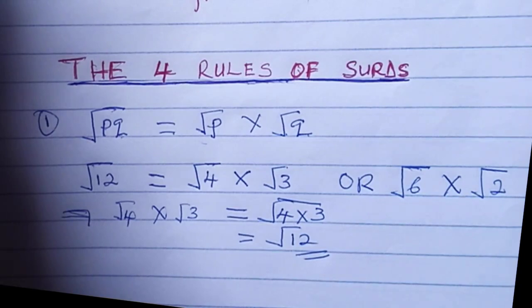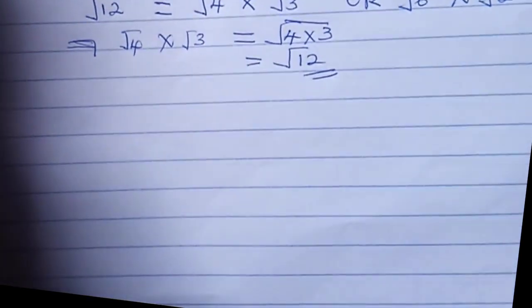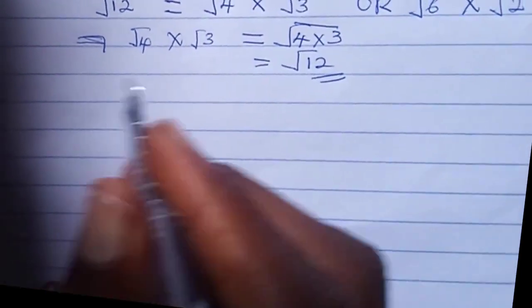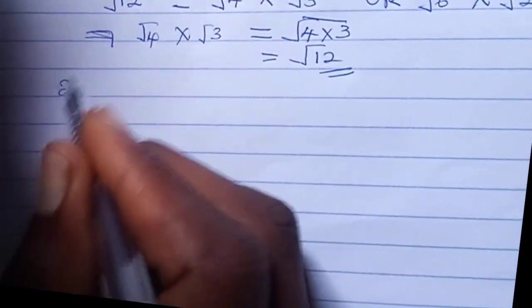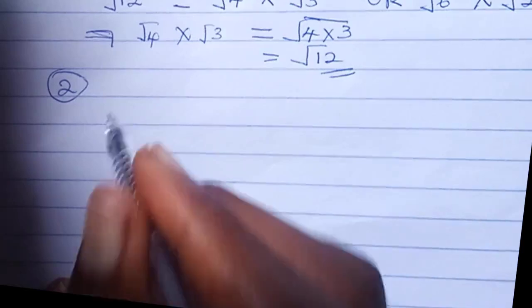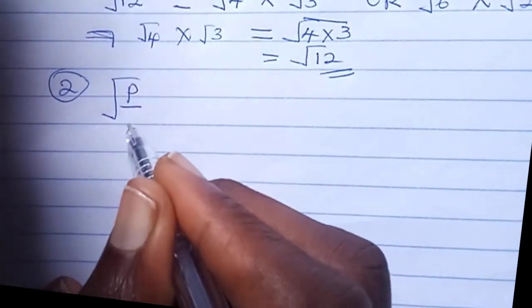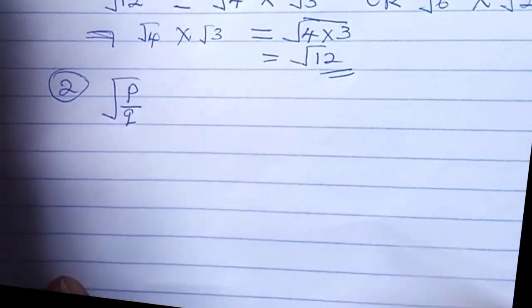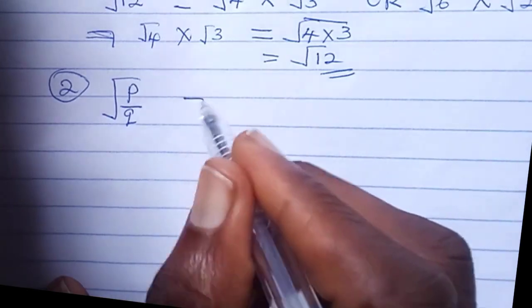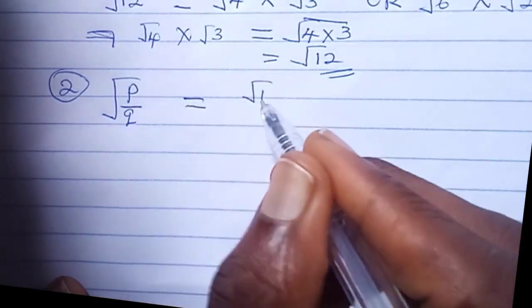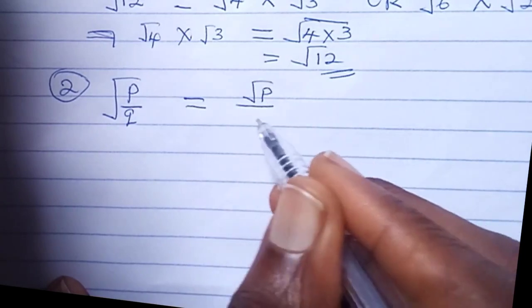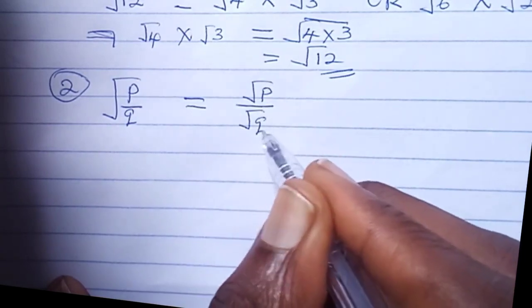Now let's look at the next rule, which is the division rule. Rule number 2 is saying that if we have two integers, p over q, a ratio of two integers in a root, this can be expressed as root p divided by root q.